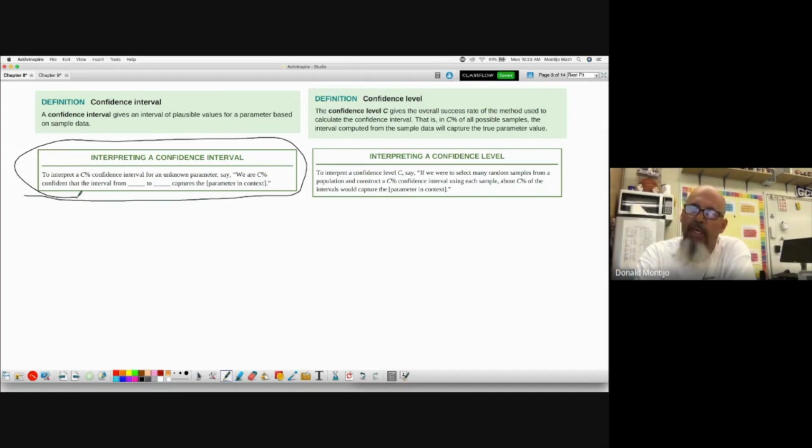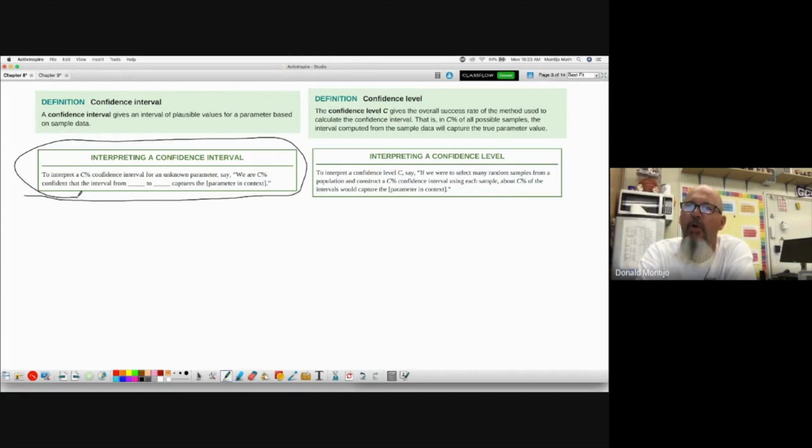But certainly we could have a 99% or a 96% or a 99.9%. Any of those values we could have, but 95% will be the most commonly used. 95% should sound familiar to you in this course because it fits the 68-95-99.7 rule. 95% is roughly 2 standard deviations on either side of the mean.